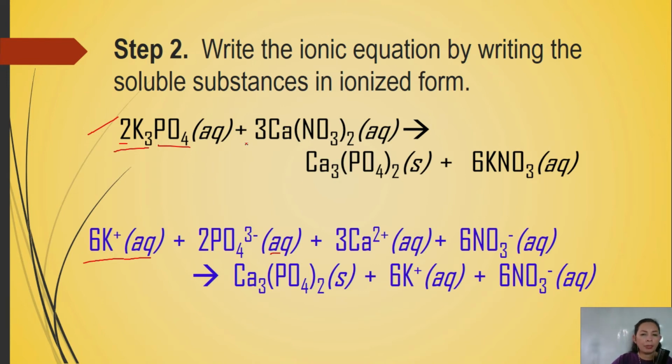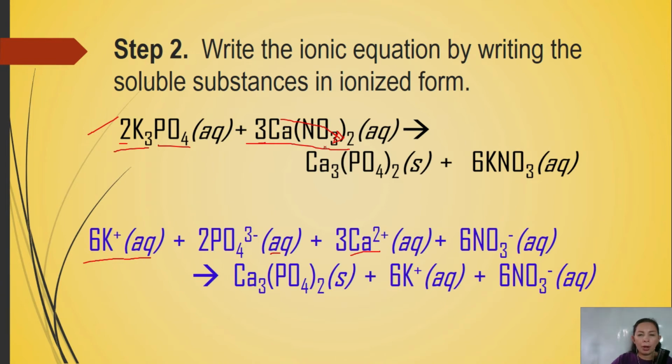And then the other one is calcium nitrate. Since it is also soluble in water, we have to ionize. So Ca plus 2. I know you can still recall the crisscross process in writing chemical formulas, meaning to say calcium has an oxidation number of positive 2 and we have 3 of this because of the coefficient 3.